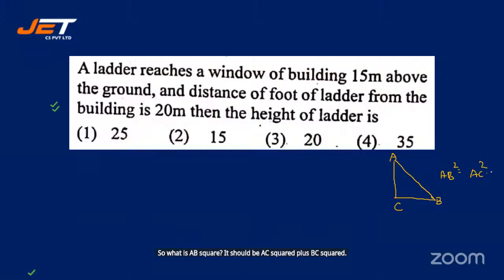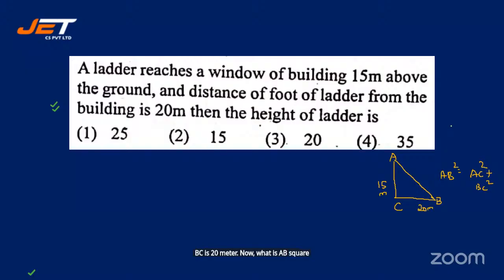So now we know that AC is 15 meter and BC is 20 meter. Now what is AB square?